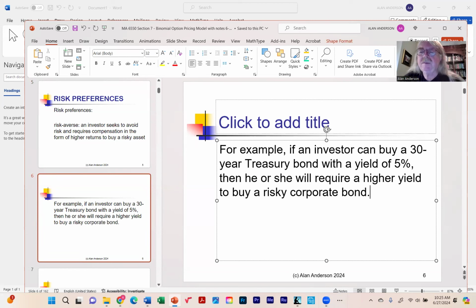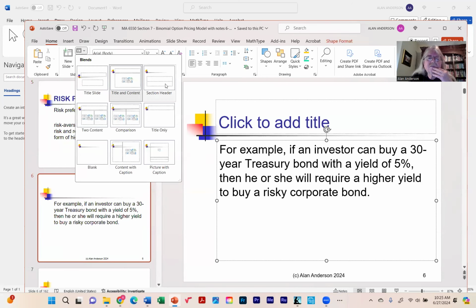Okay, so if Apple has a bond paying only 5%, they won't buy it because of this risk. Apple is a very strong company, of course, but there's still some risk. Any company can go out of business. So they might not have to pay too much more. Like you might be able to find an Apple bond with a yield of 5.3%, let's say, but there is going to be a difference. And a risk averse investor is not going to buy another bond unless they're compensated for it.